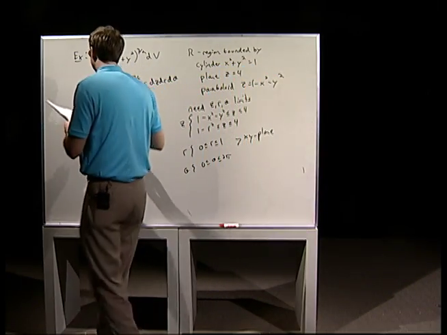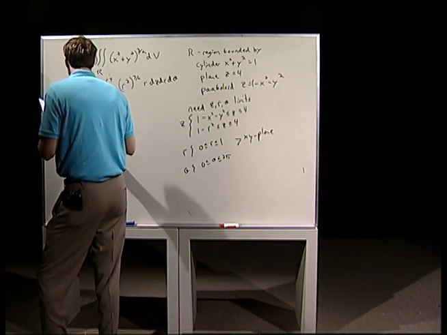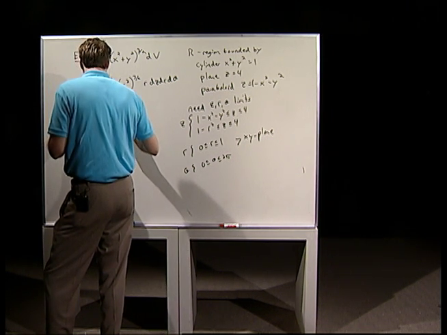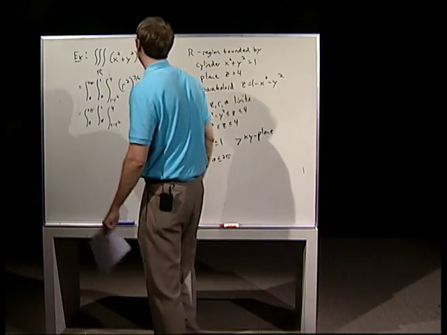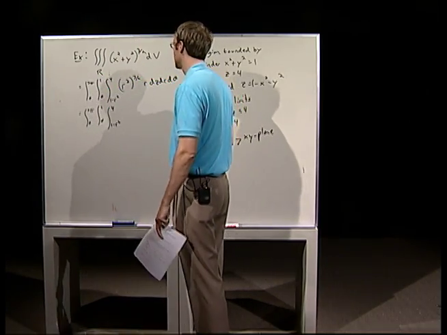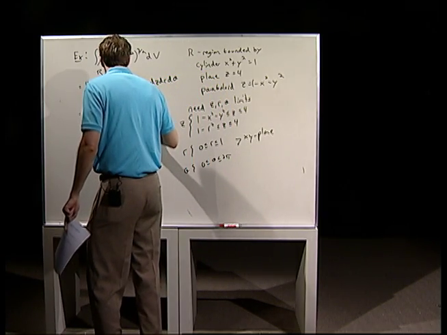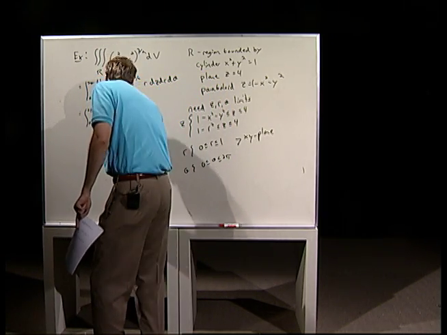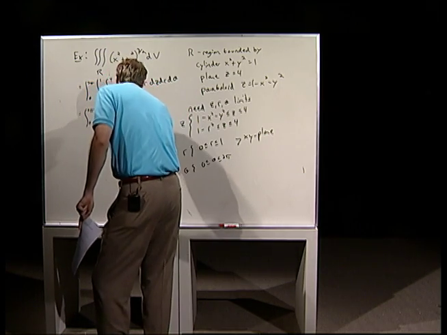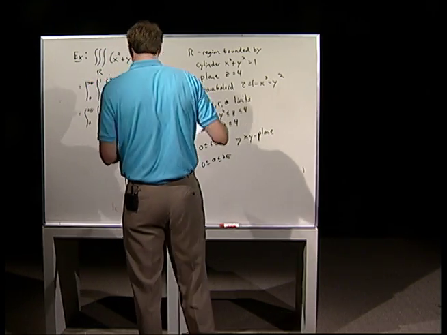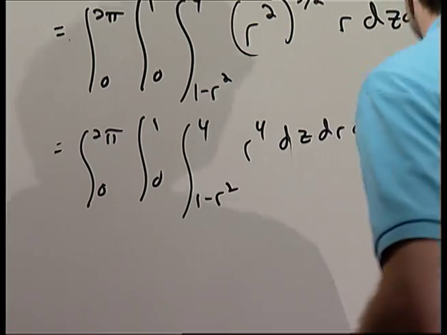So this is 0 to 2 pi, 0 to 1, 1 minus r squared to 4. R squared to the 3/2 is r cubed, times r is r to the 4th. So this is dz dr d theta. Probably needs some more room here.